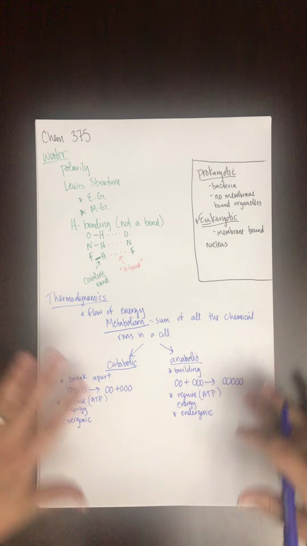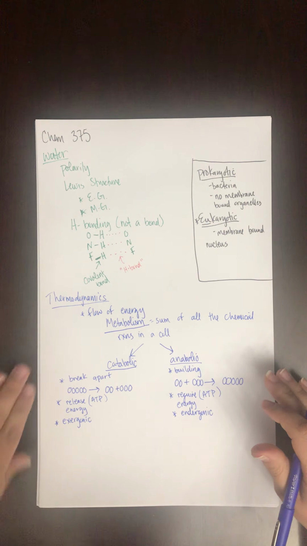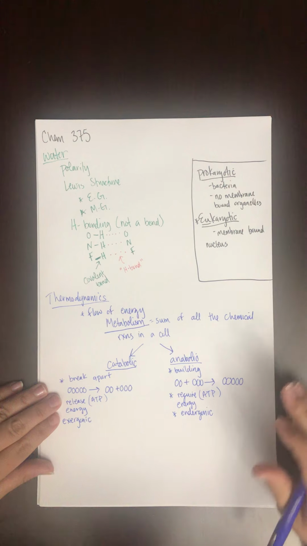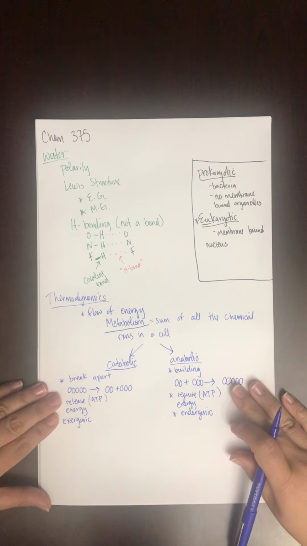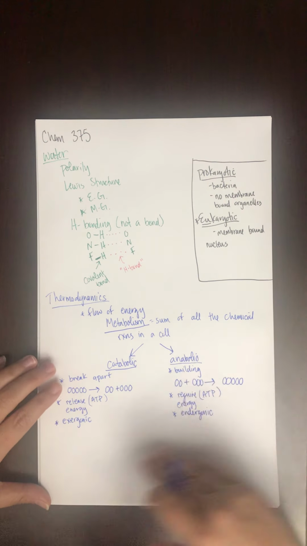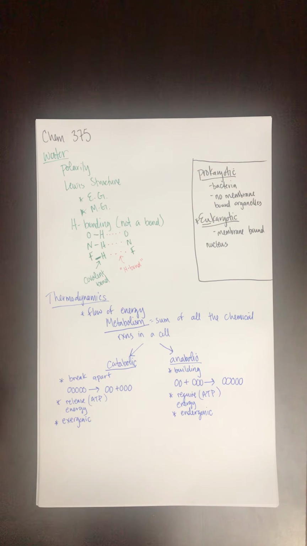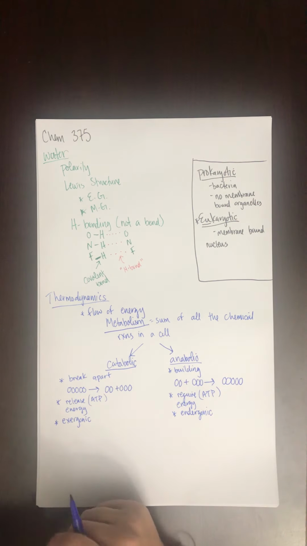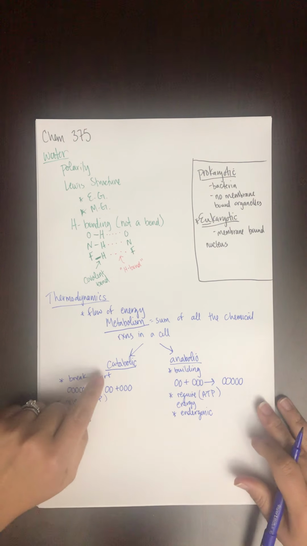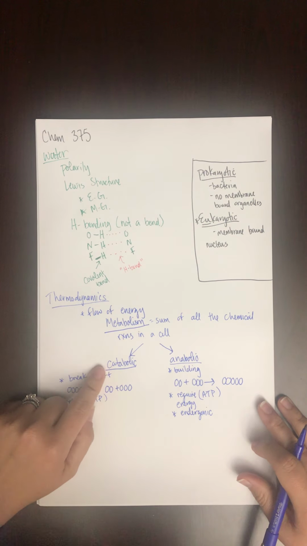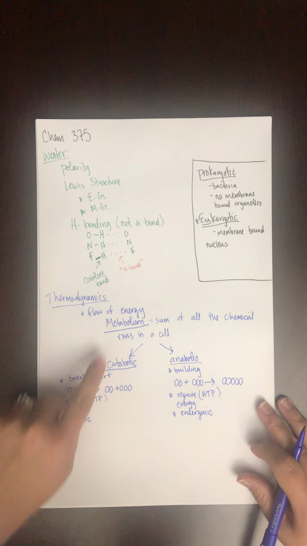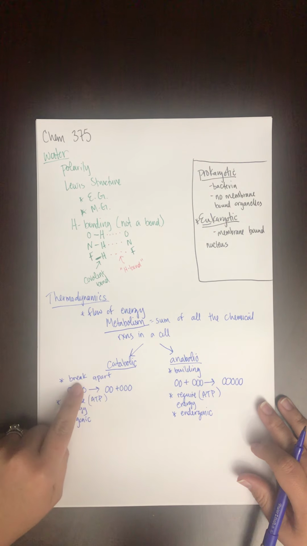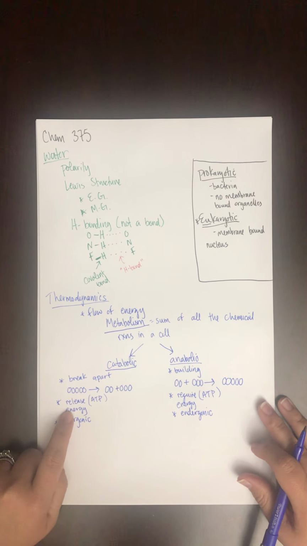So this is how metabolism works. We have reactions that produce energy, and then we have reactions that require energy. And most of the time we couple these processes to get work done inside our cells. So we'll spend a lot of time talking about how we use the chemical bonds in our food to break those molecules apart to produce energy.